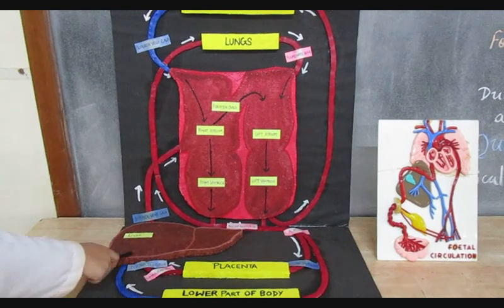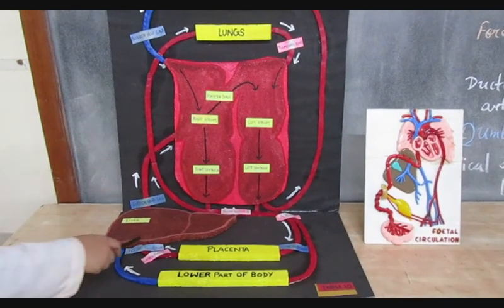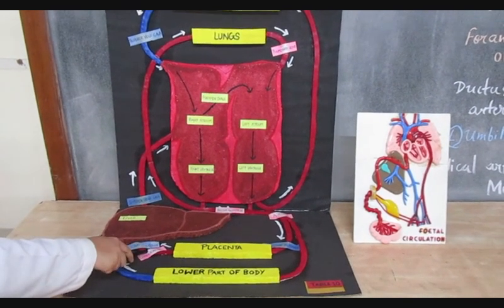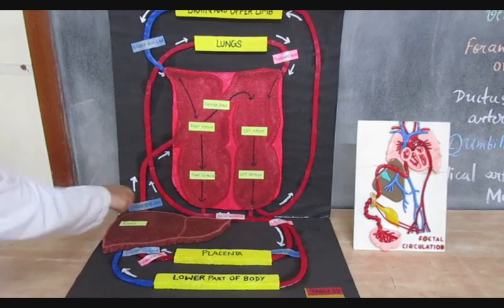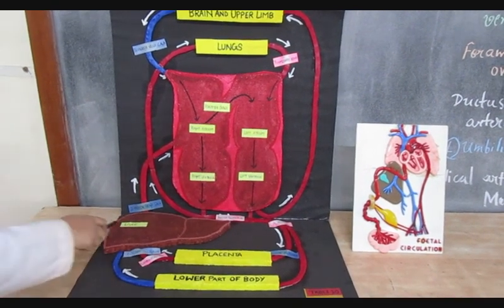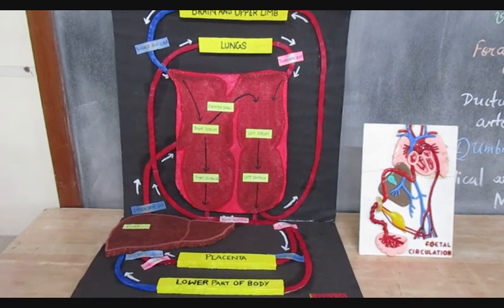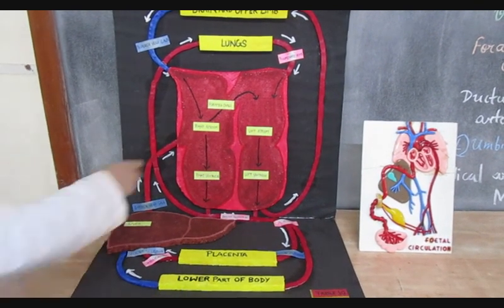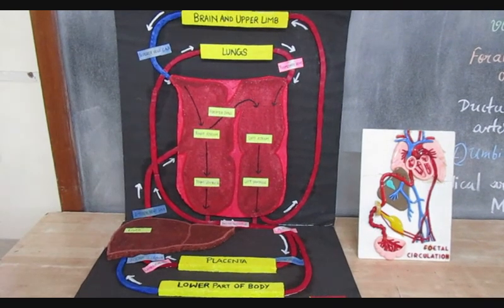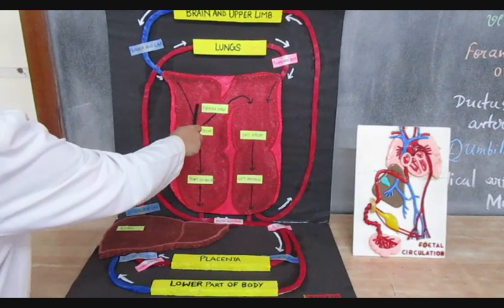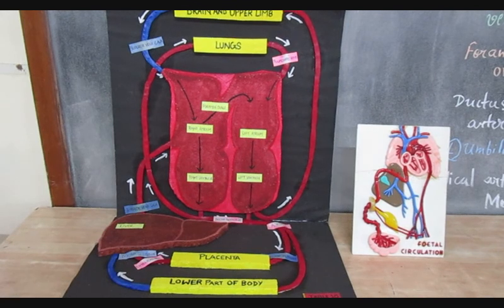So the first shunt we have seen here is the ductus venosus. The ductus venosus was a shunt between the umbilical vein and the inferior vena cava, through which the majority of the blood bypassed the liver and directly got shunted to the inferior vena cava. The second shunt we encounter here is the foramen ovale, that is a communication between the right atrium and the left atrium.